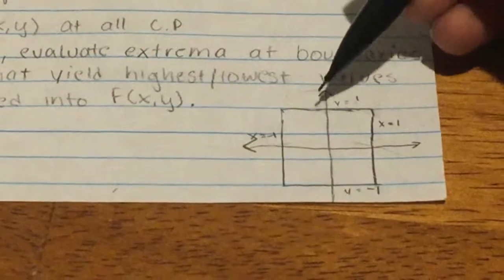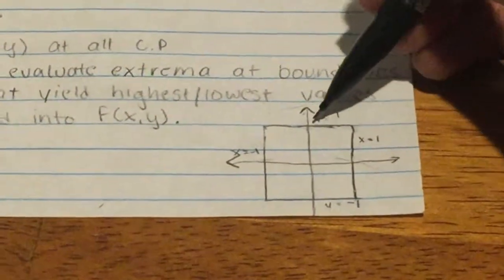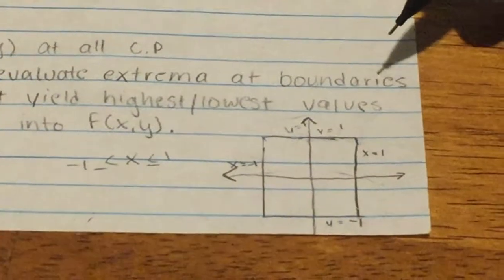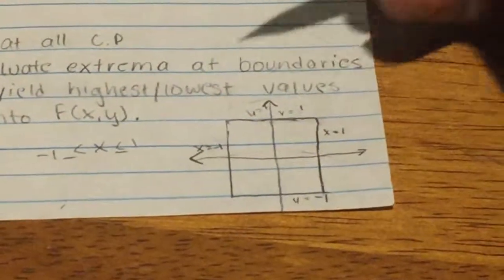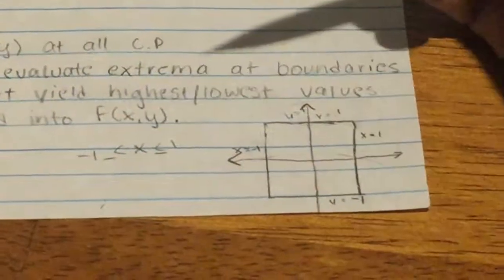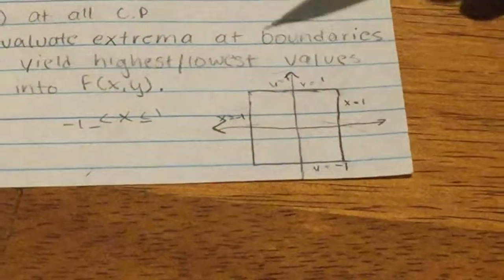To evaluate the largest and smallest value on these boundaries, simply realize that at this boundary, say y equals 1, x is defined between -1 and 1. From there, you can plug in y equals 1 into the original function, and you'll end up with an equation with one variable. Then it's just a matter of finding the absolute max here. It's a Calc 1 problem, from -1 to 1. You would repeat that for all the boundaries, eventually finding an absolute max or min.